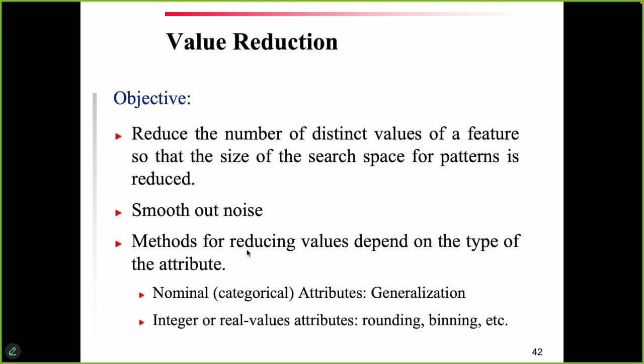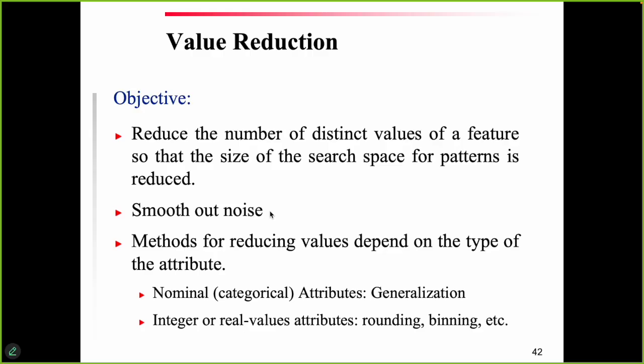So instead of, for example, having salaries like 100, 101, 102, 110, 111, and so on, you can just reduce the number of distinct values using different methods that we are going to discuss, and that simplifies the pattern that your algorithm should learn, but also smooths out the noise.